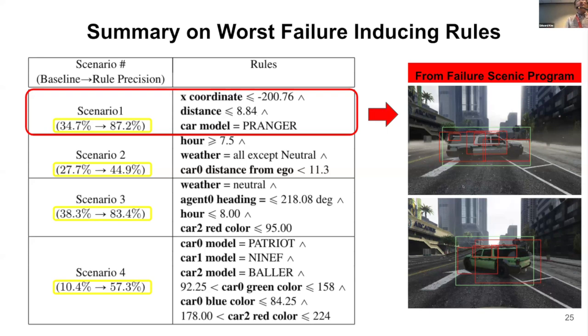We generated and also confirmed that as well. So this is how we are symbolically searching for semantic rules that can explain, and we can also validate using SCENIC.